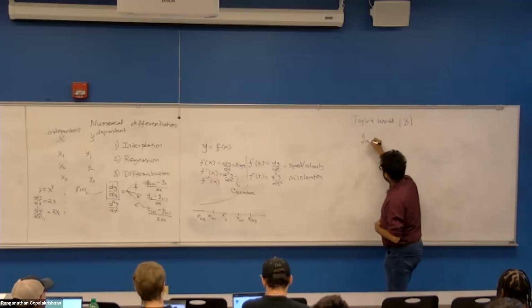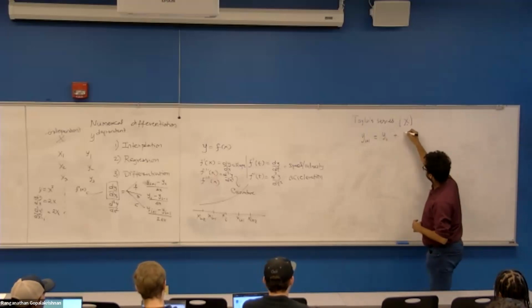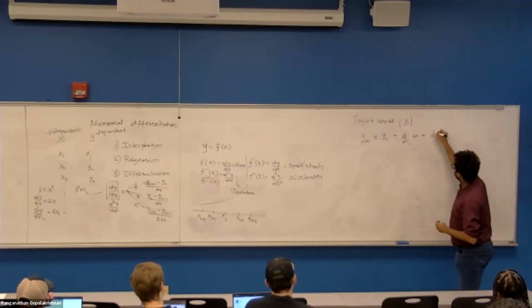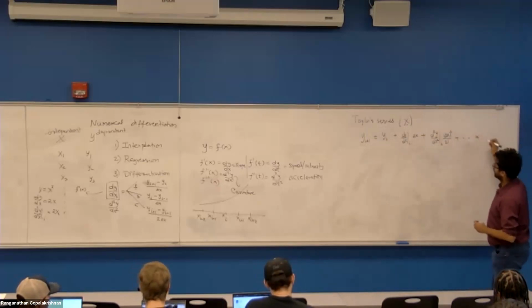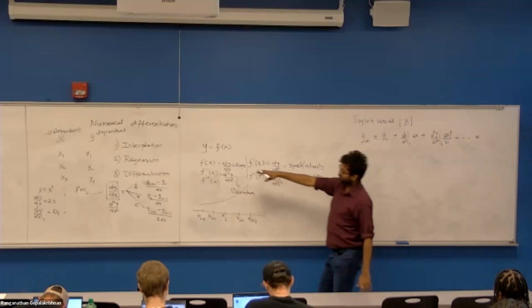The y value at i plus 1 is equal to the y value at i plus the slope multiplied by delta x plus the second derivative multiplied by delta x squared over 2 factorial, and so on up to infinity. This is the starting point for all derivations of approximations to these derivatives, okay?